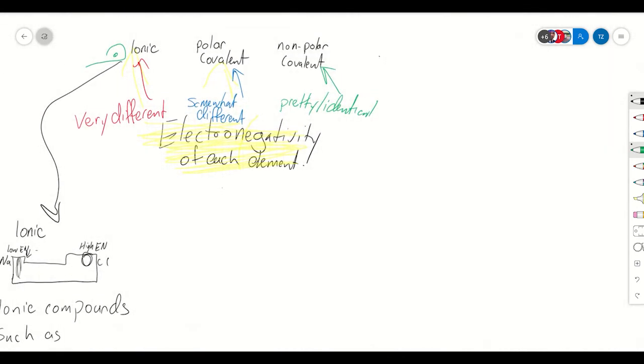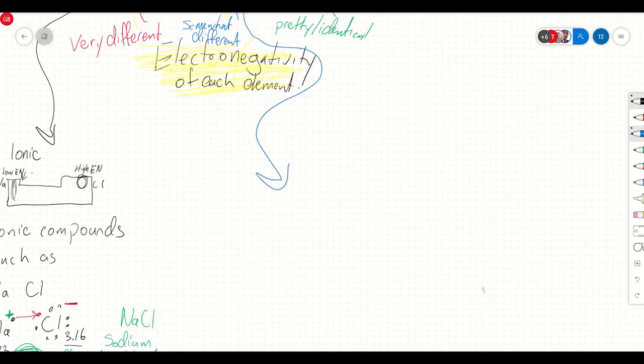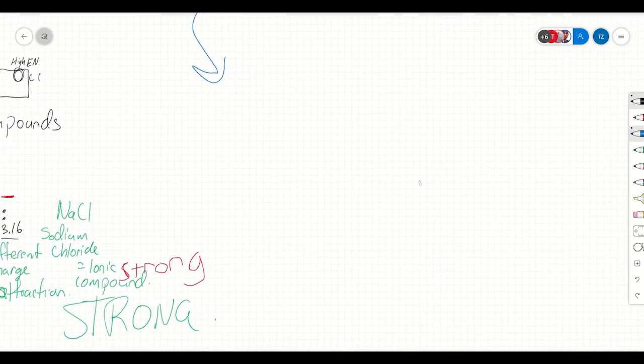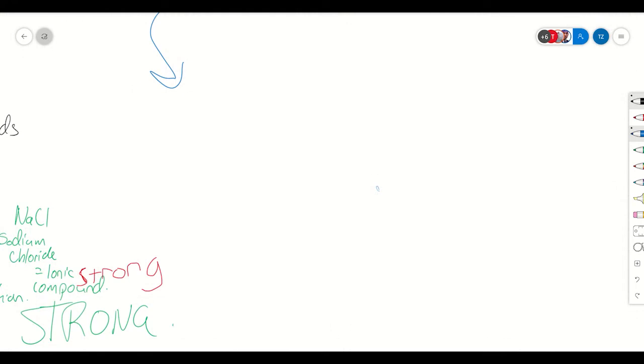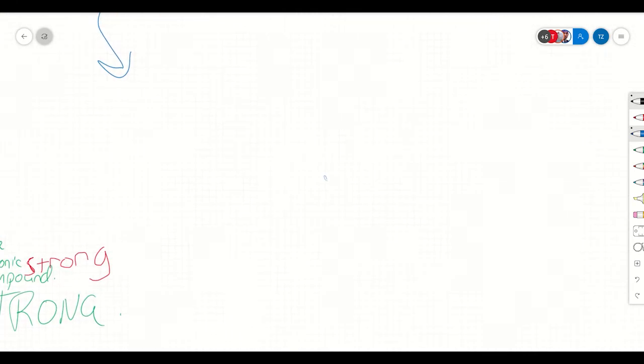Now we'll come back up again to where we have polar covalent. And we're going to take polar covalent on a journey down to here. So I'm just going a little bit to the right of the ionic compound. Can everyone see that? Yep. You've got polar covalent compounds.